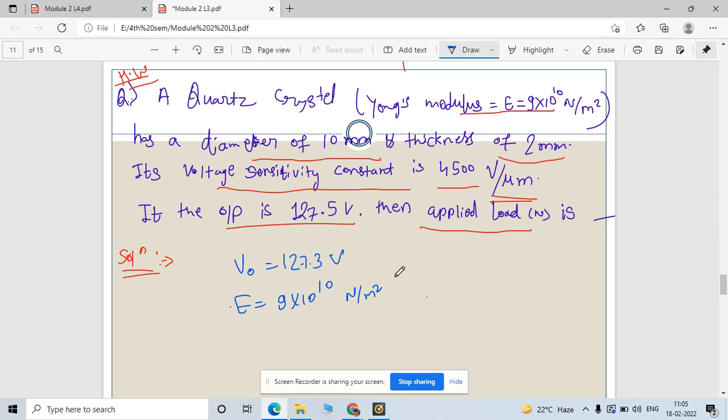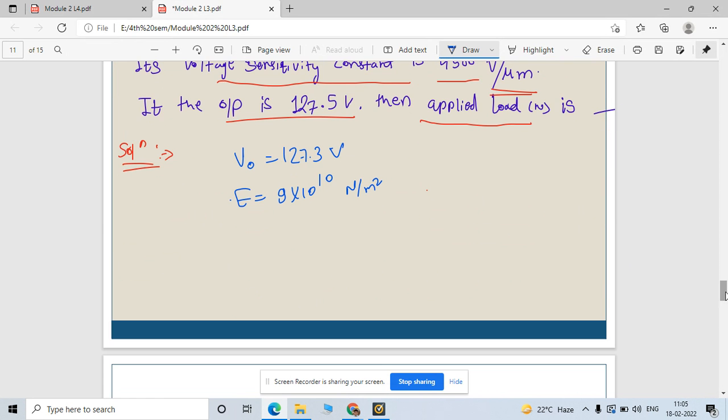You need to find out applied force, right? So use that formula which is already covered in the derivation in last lecture. V is equal to G PT. P is pressure, so replace that pressure. Pressure is nothing but your E into epsilon.